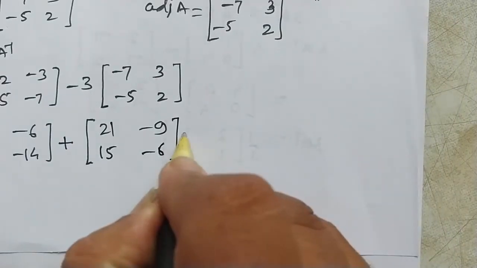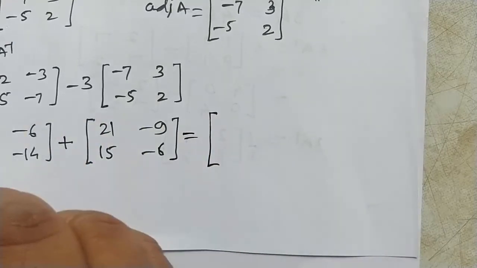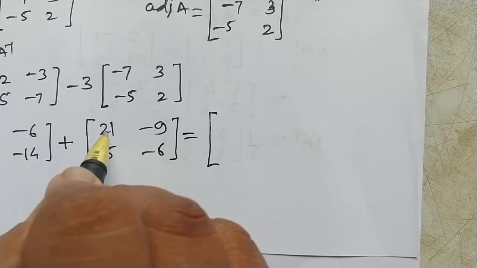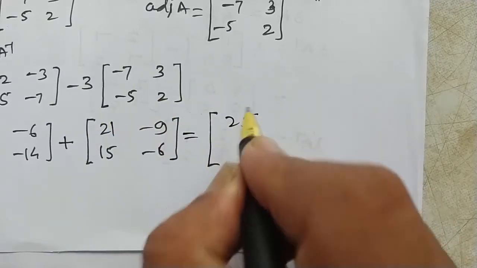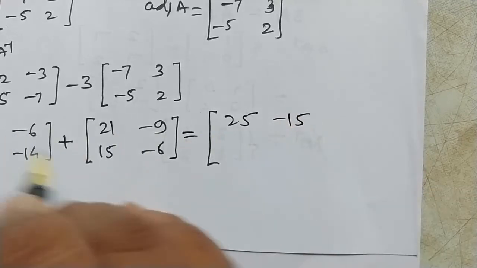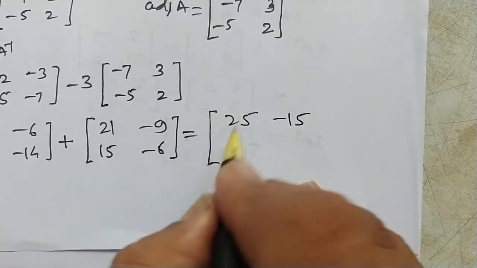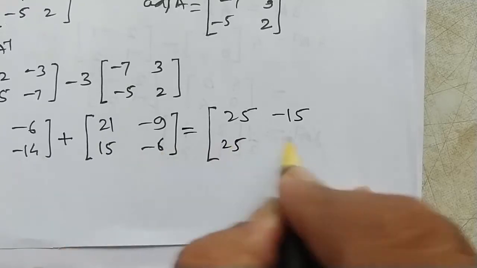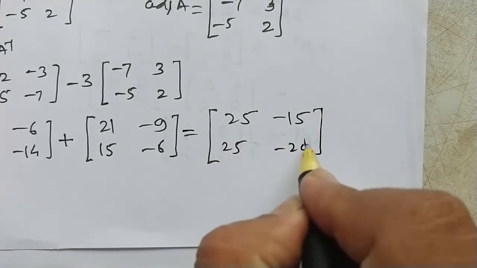So this is equal to, adding the corresponding elements, 4 plus 21, that is 25, minus 6 minus 9, minus 15, 10 plus 15, 25, minus 14 minus 6, minus 20.